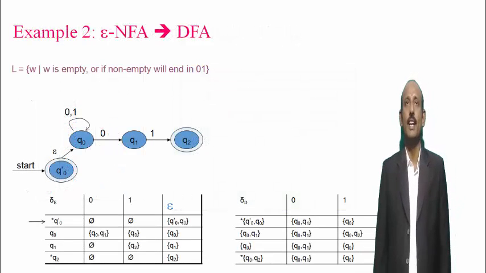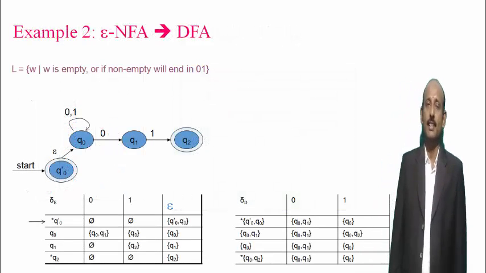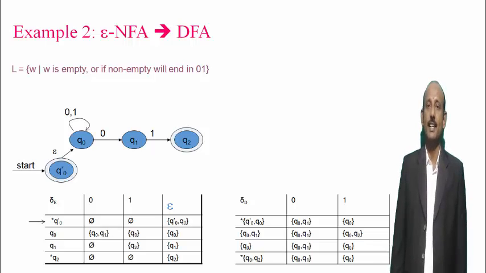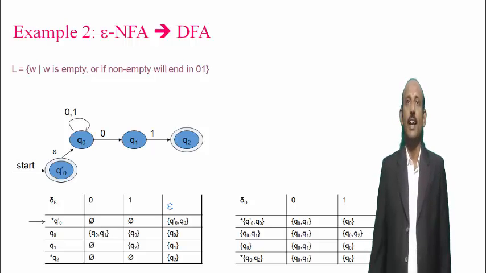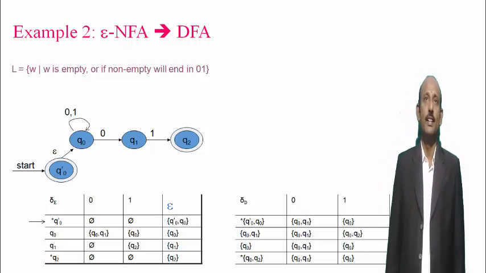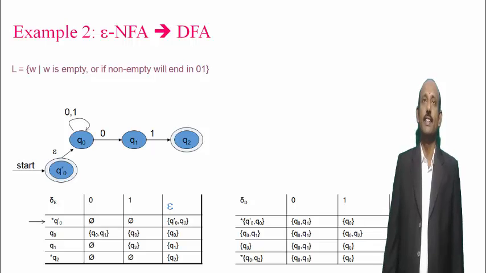In this example, the language is L. L is the language that contains the input string W if it is non-empty and ends with 01.